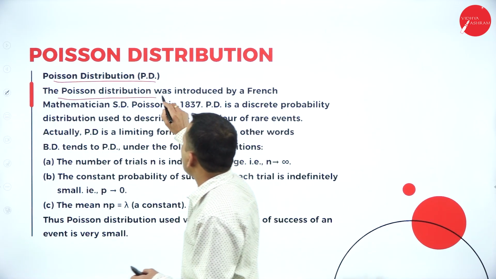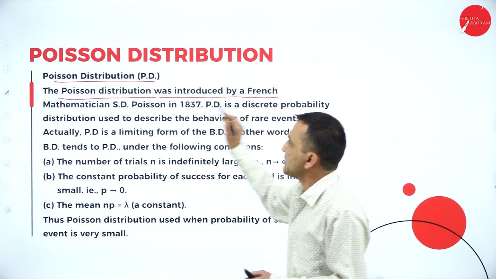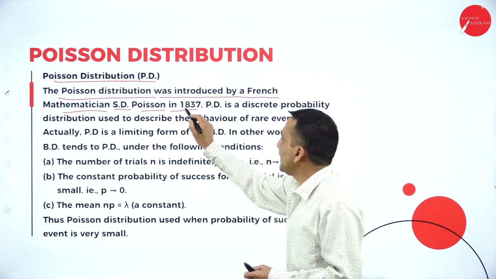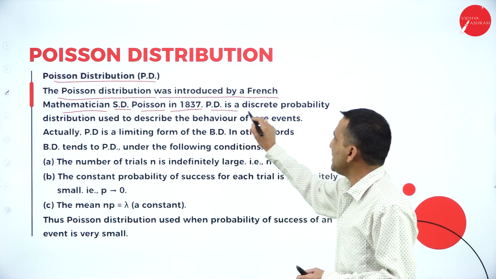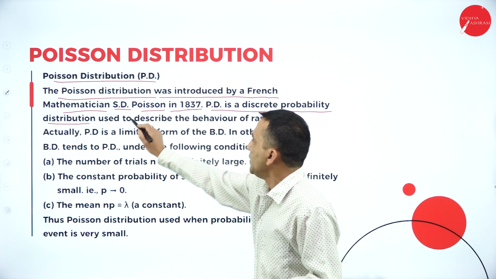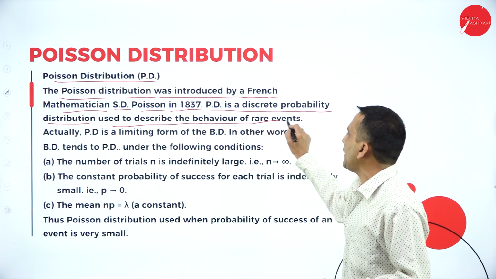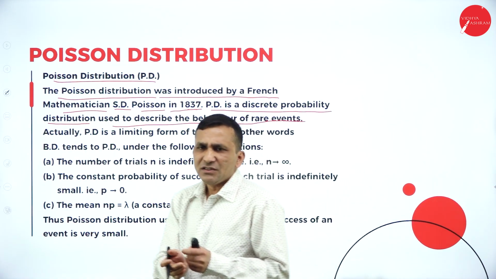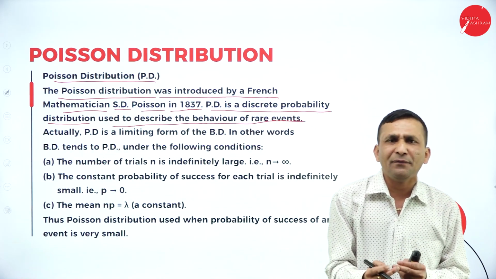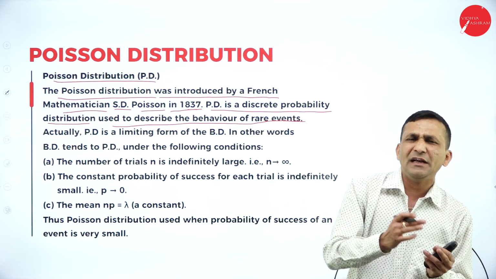The Poisson distribution was introduced by the French mathematician S.D. Poisson in 1837. It is a discrete probability distribution used to describe the behavior of rare events. A rare event means one we are not able to identify on a regular basis, where it is very rare.